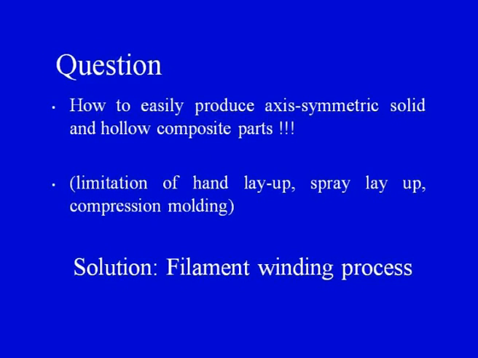Now, the important question before we go to the discussion about the filament winding process: how to easily produce axisymmetric solid and hollow composite parts. So, we have an axis of symmetry and we have a hollow or a solid cylindrical, or you can say axisymmetric, part.